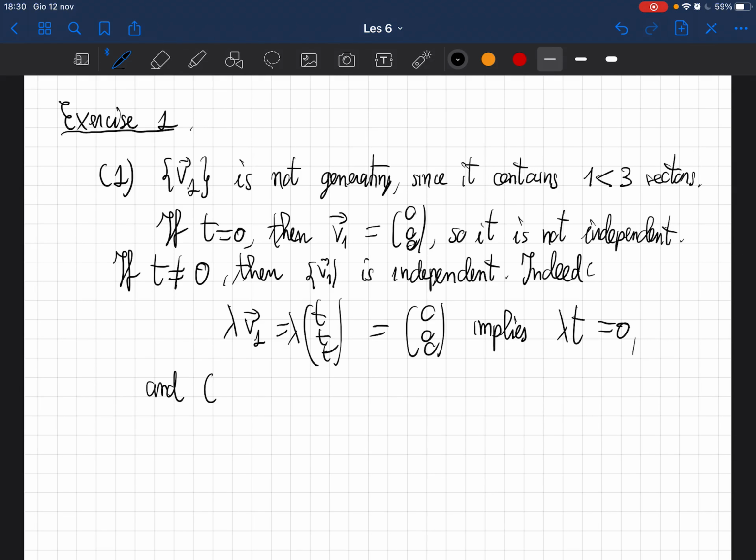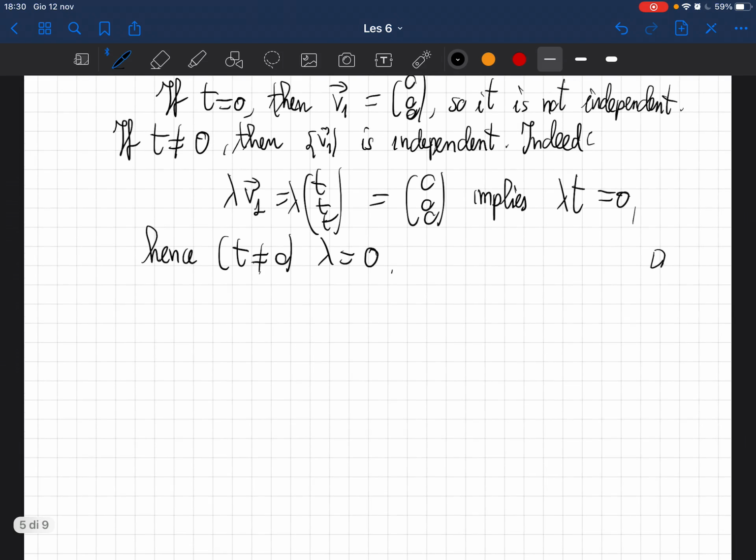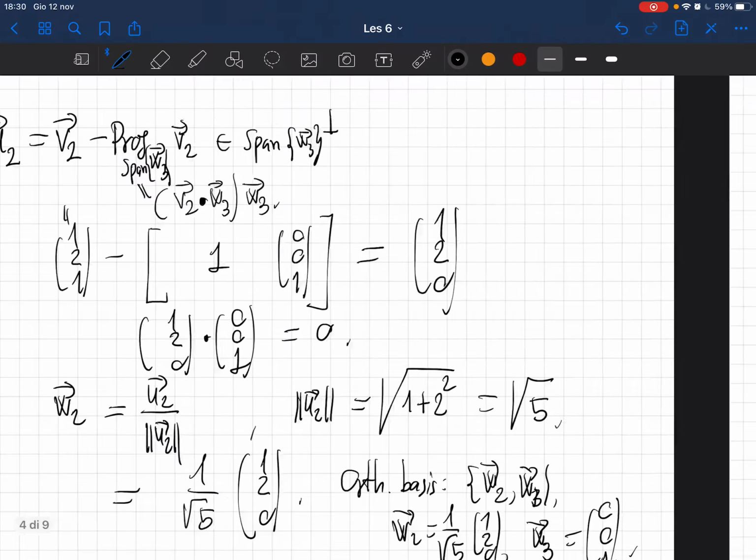Hence, again, we underline that t is different from 0, lambda equal to 0. And this is enough, actually. Okay? This is a good explanation, I think.